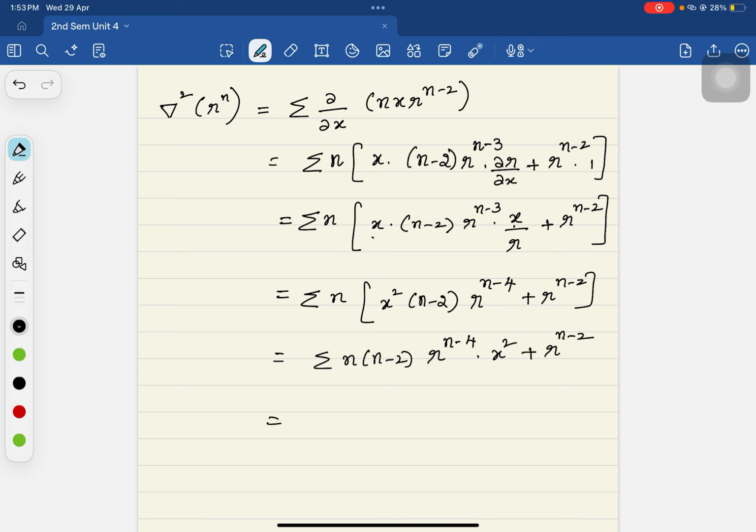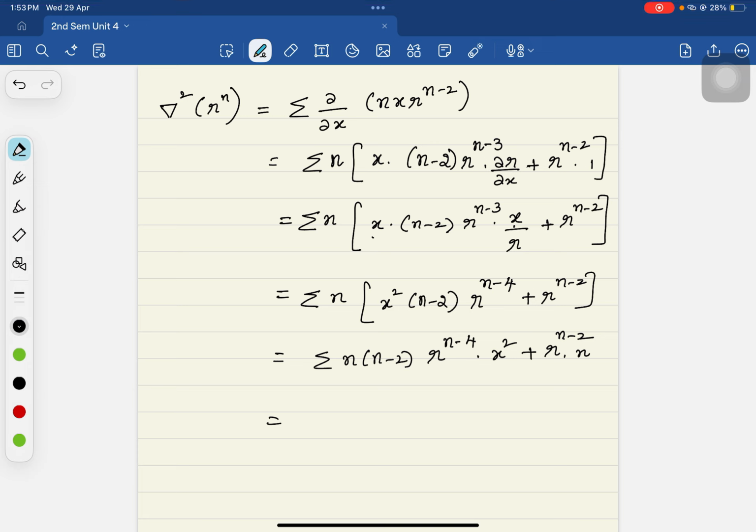Now I am going to expand this. What I am supposed to get is n into n minus 2 r power n minus 4 into x square plus y square plus z square, and this is r power n minus 2. N into r power n minus 2 you will get three times, that is 3n into r power n minus 2, right?